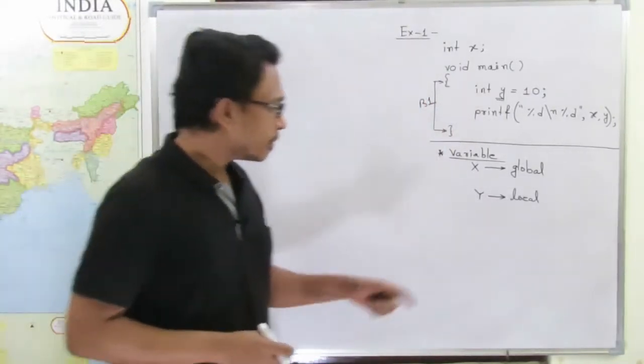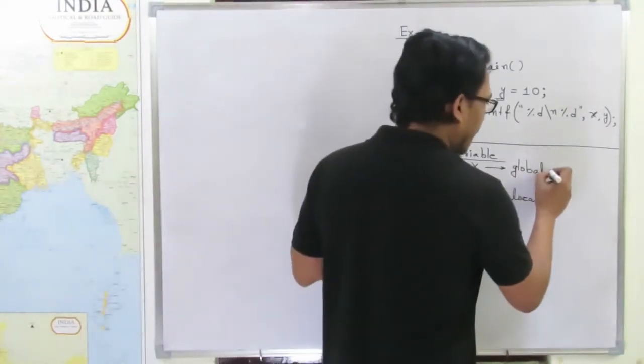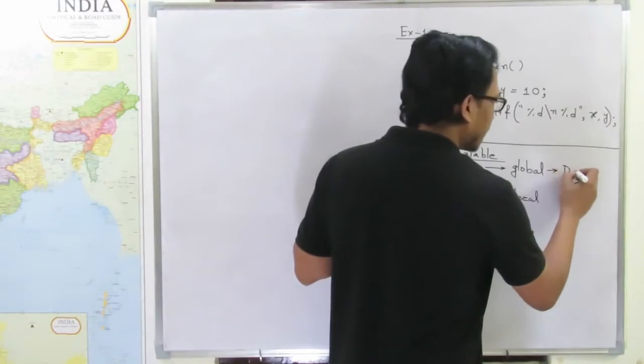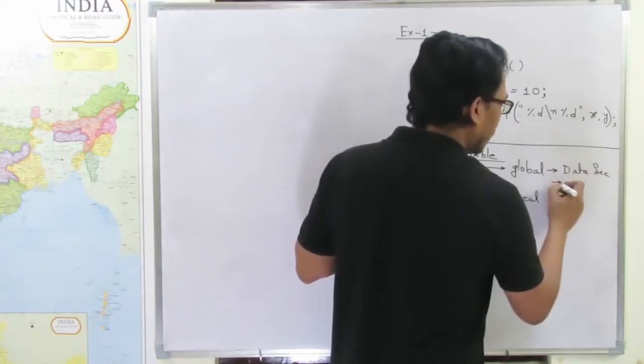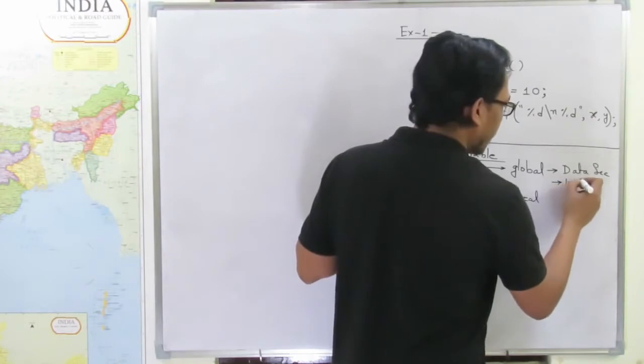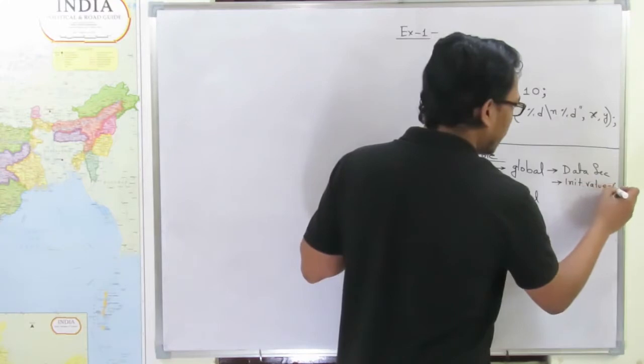Now as x is a global variable, memory for x will be allocated from the data section and the initial value will be 0.